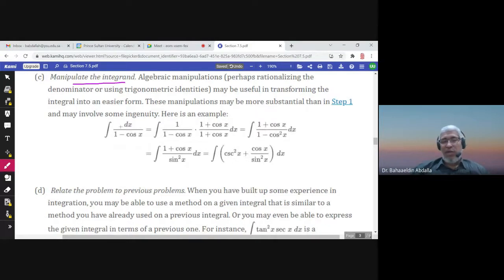So here, the integral of 1 over 1 minus cosine x, how can you find this integral? There is no formula. What can you do? But if you multiply by 1 plus cosine x over 1 plus cosine x, the conjugate of 1 minus cosine x, then you will get 1 plus cosine x over 1 minus cosine squared, which is sine squared.